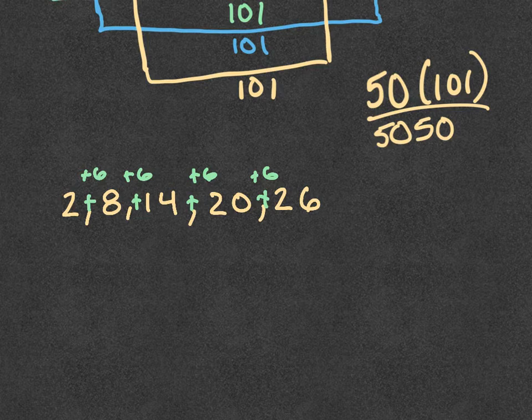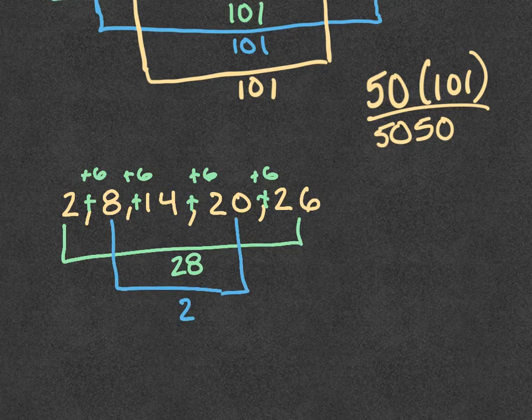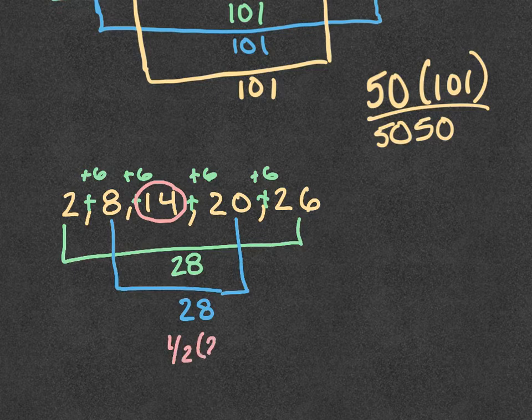Same kind of process. If I do 2 plus 26, that is 28. If I do 8 plus 20, that's 28. And I have an odd amount of numbers, so my last number here is 14, which is exactly half of 28, which is going to be interesting.